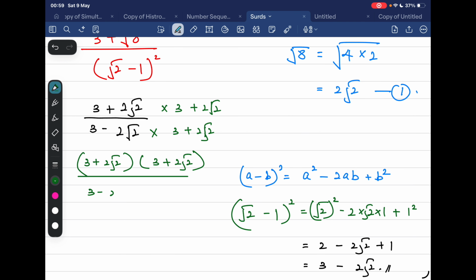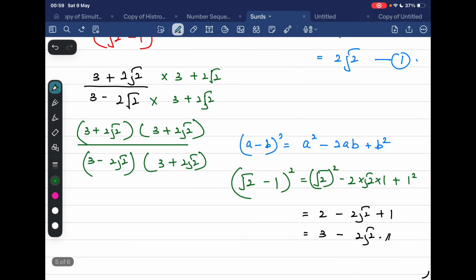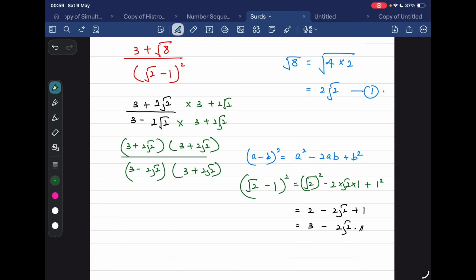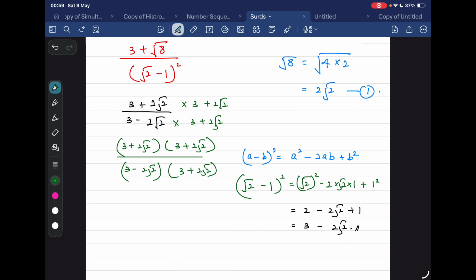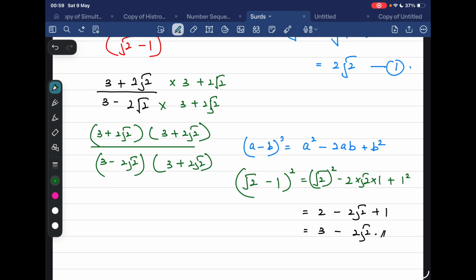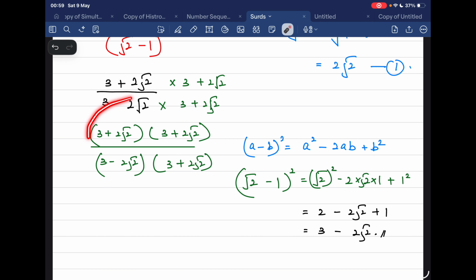3 minus 2 root 2 and 3 plus root 2. Okay, so then you can compress this. This is the expanded version. When you compress this, you can write it as, and here same thing.